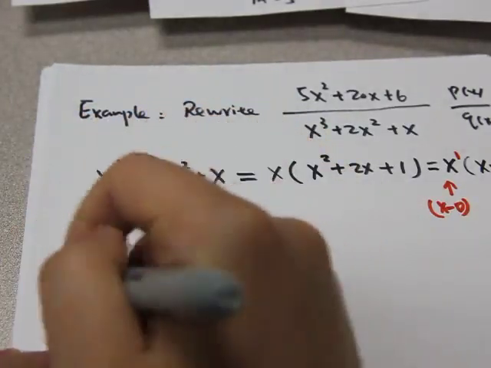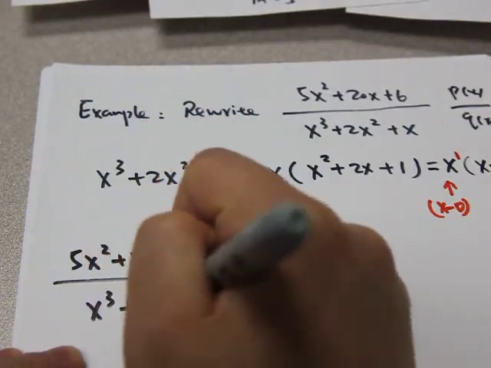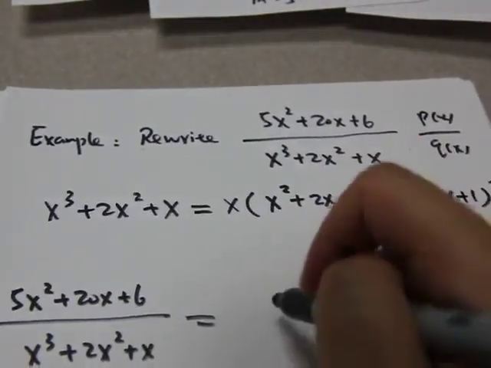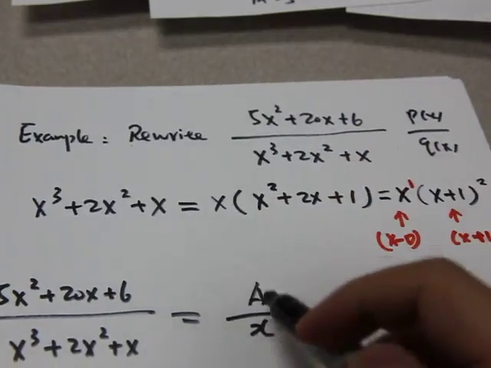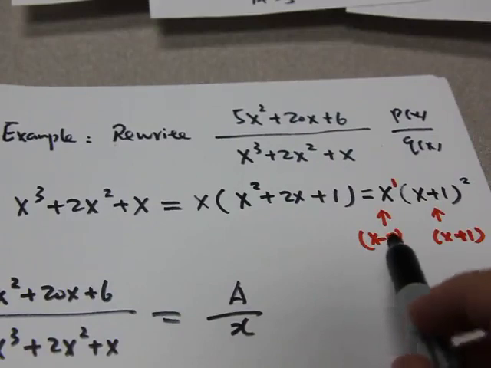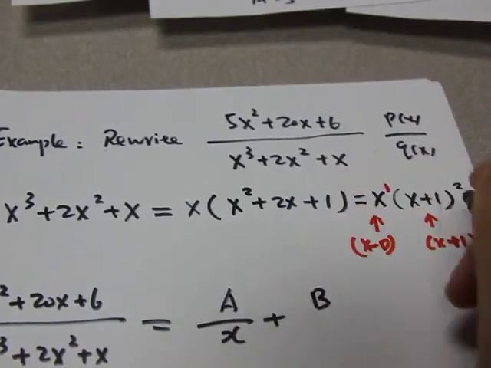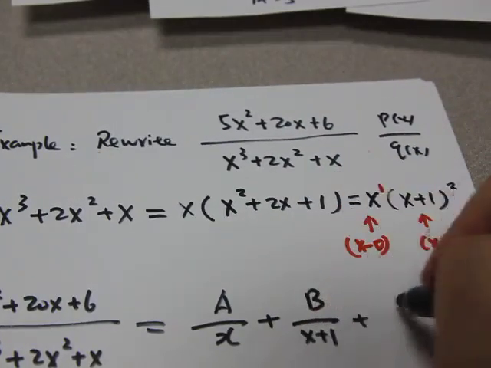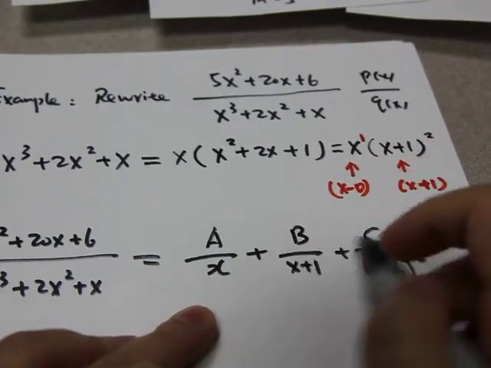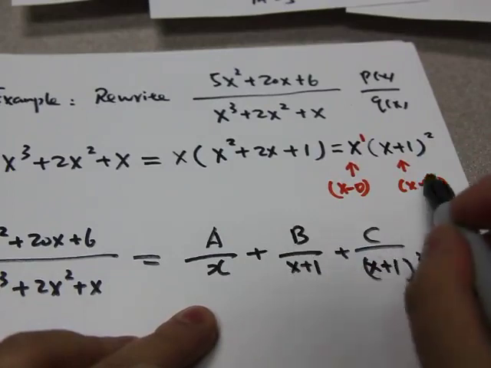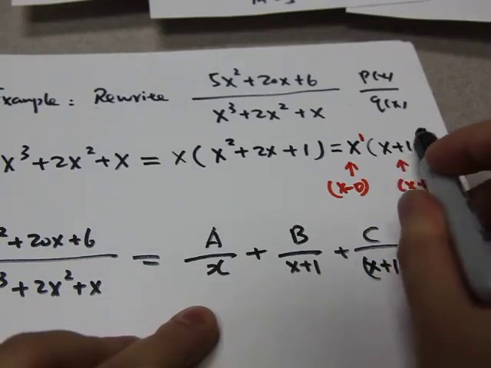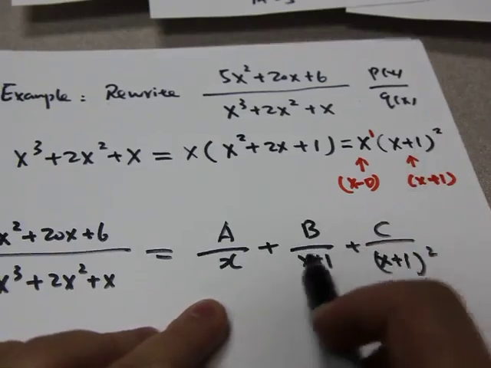So we can rewrite this rational expression into A over x, right? So this fraction is for the first linear factor, plus B over x plus 1, plus C over (x plus 1) squared. Now these two fractions are for this repeated linear factor because we have this exponent 2. So we have two fractions.